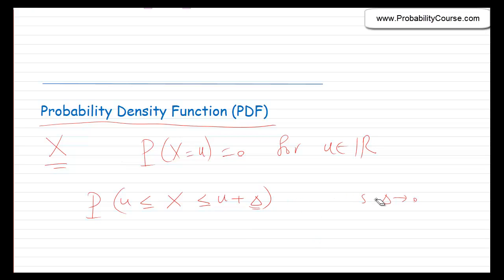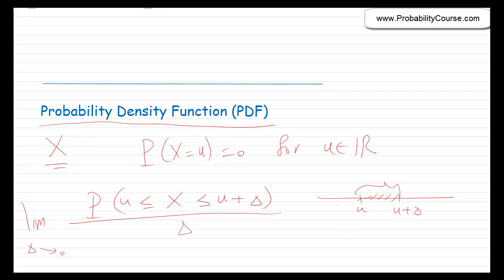So what we do here is divide this probability by delta and look at this limit as delta goes to 0. Basically, I'm choosing a value u, and then looking at u plus delta. I am looking at the probability that X is in this interval and dividing that probability by the length of that interval. That's why we call this probability density.